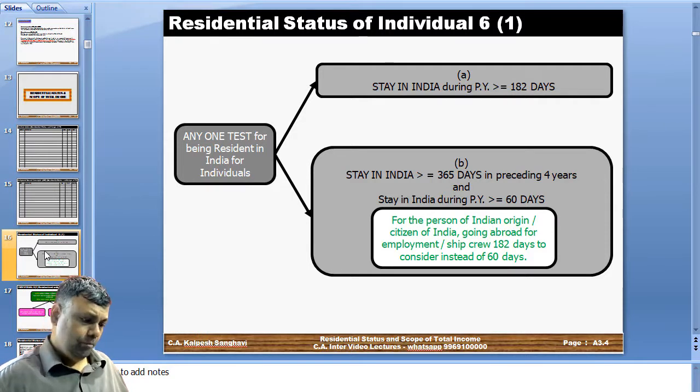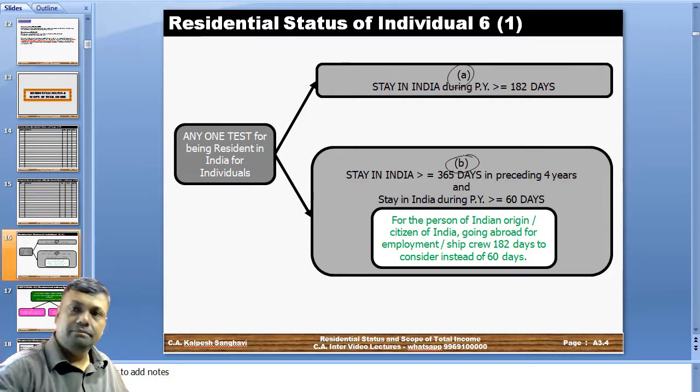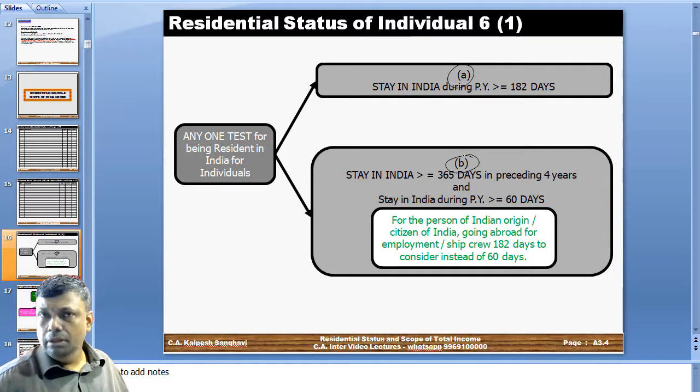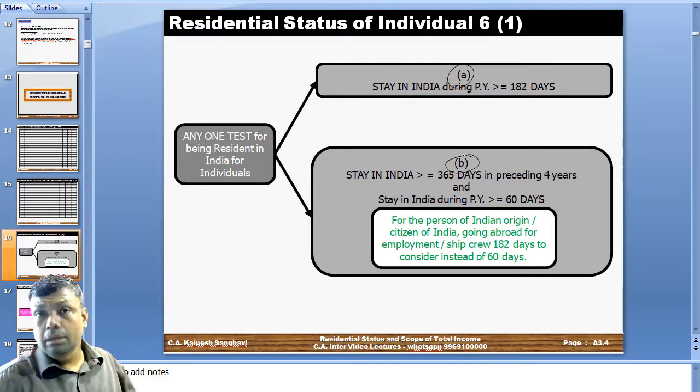So this is your condition A, your condition B, for the purpose of deciding residential status, that means resident, only that much. In my previous class I already told you, the word resident is different; resident and ordinarily resident is a different term altogether. So when you are talking about resident, you have to think about A and B.